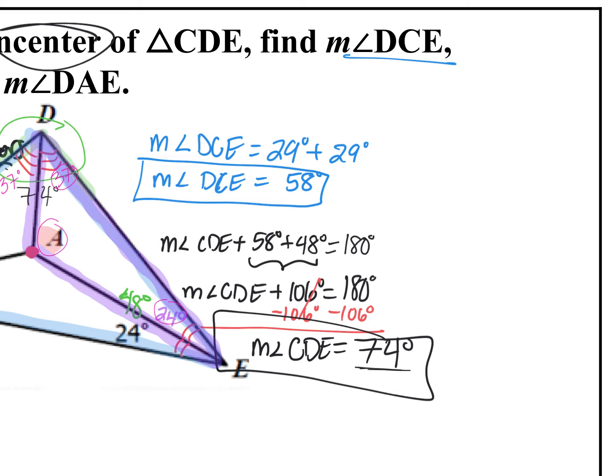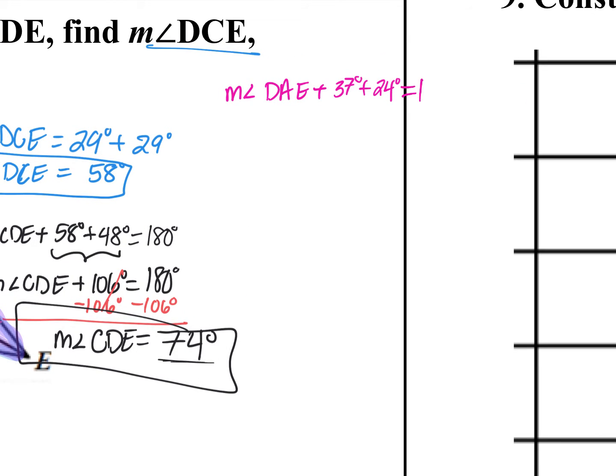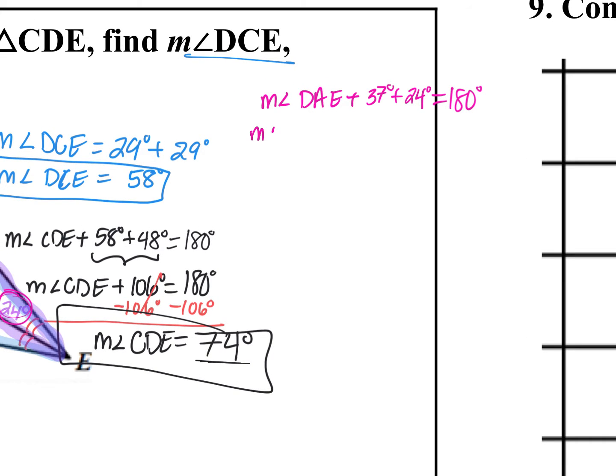I'm going to use the same reasoning, because I know that measure angle DAE plus 37 plus 24 should equal 180. All right, so that means measure angle DAE plus 37 plus 24, that will be 61, equals 180.